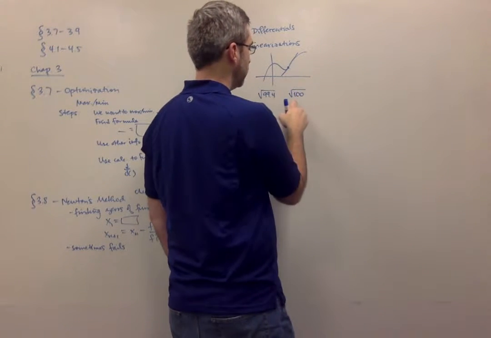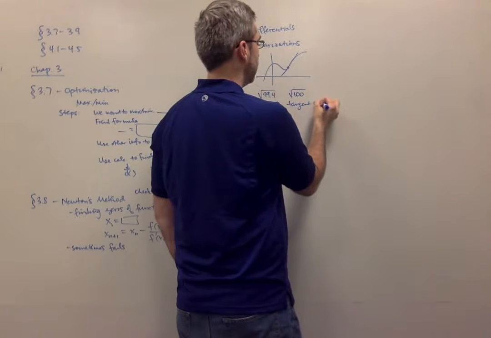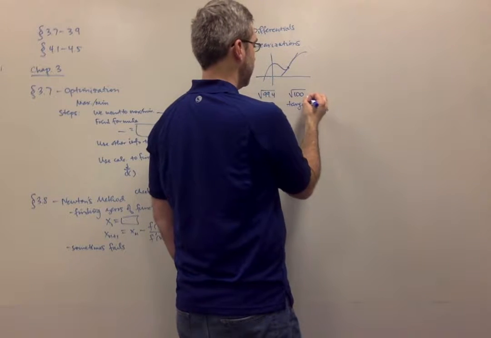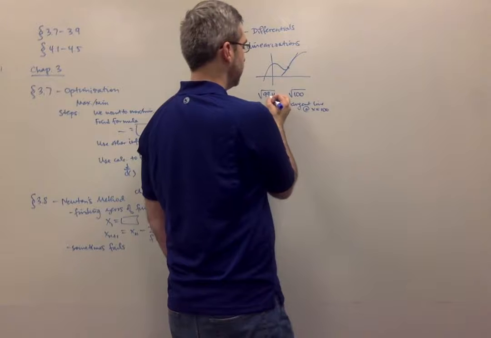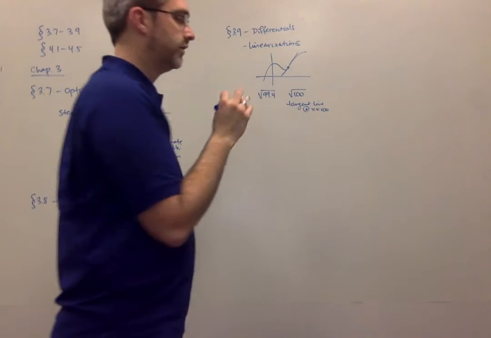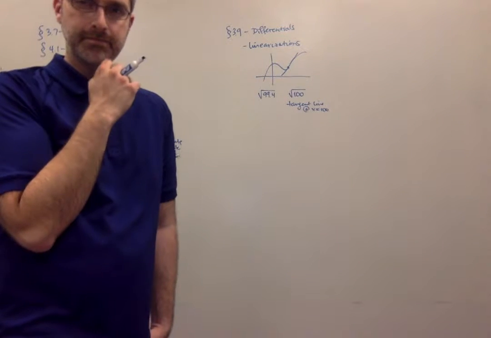So what I do is I find the tangent line at x equals 100 to this function, and then I plug 99.4 into the tangent line instead of plugging 99.4 into the actual function. Does that make sense?